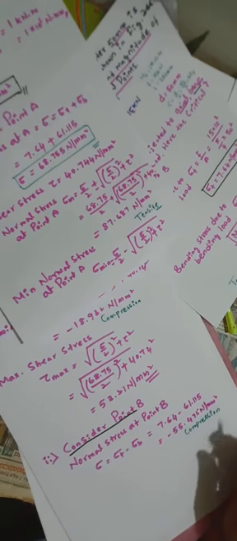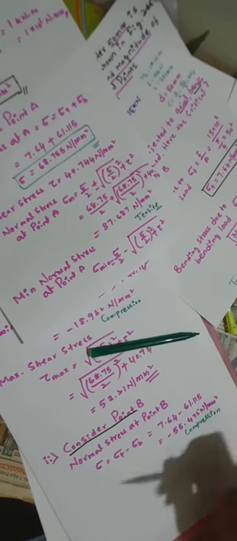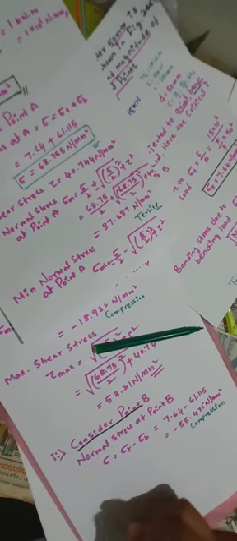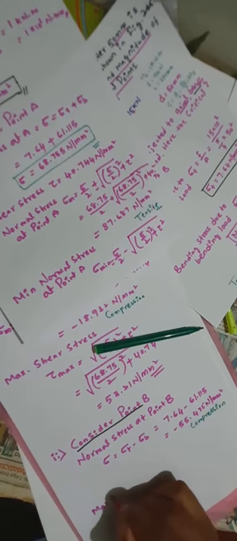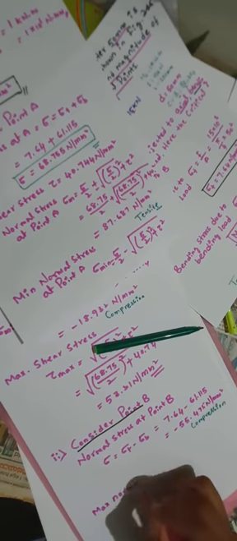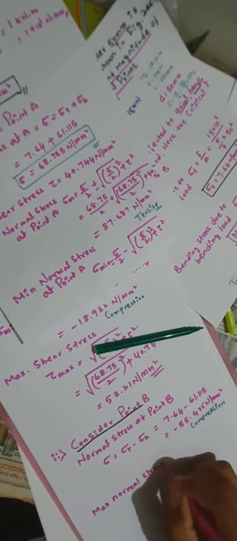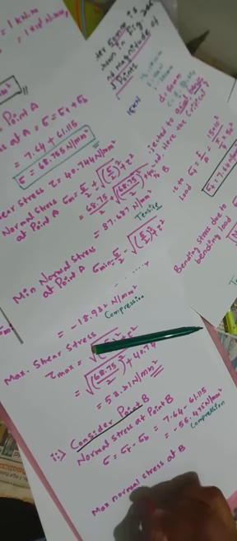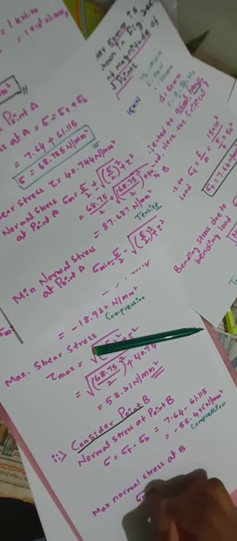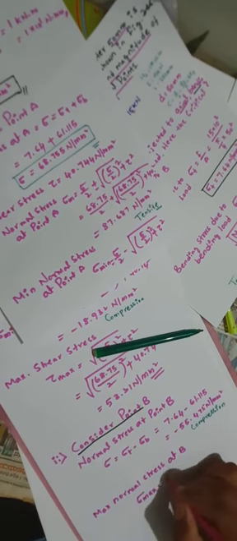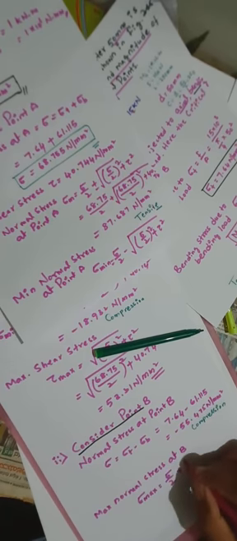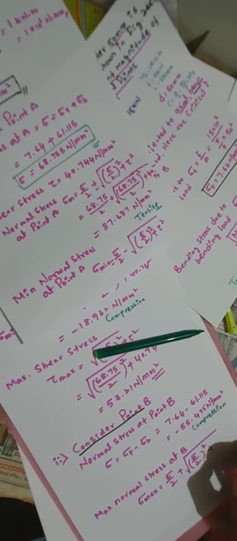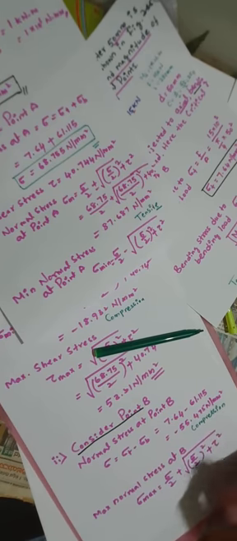At point B, the same procedure. Maximum normal stress at B, same formula: sigma max is equal to sigma by 2 plus square root of sigma by 2 whole square plus tau square.